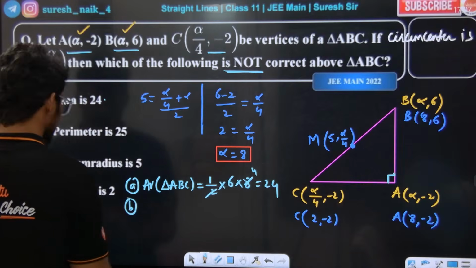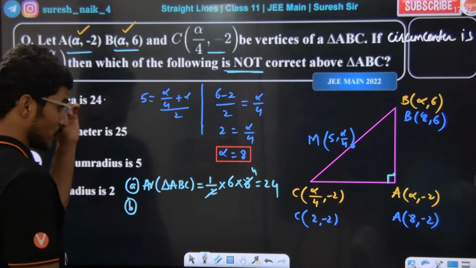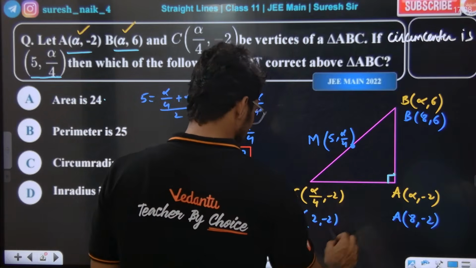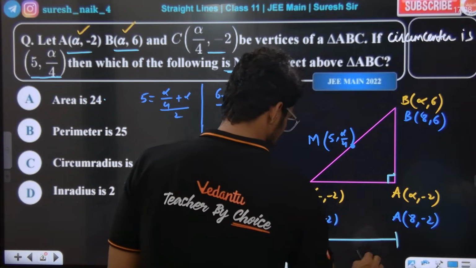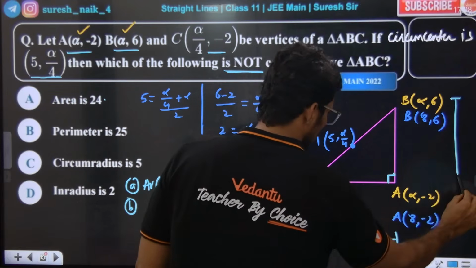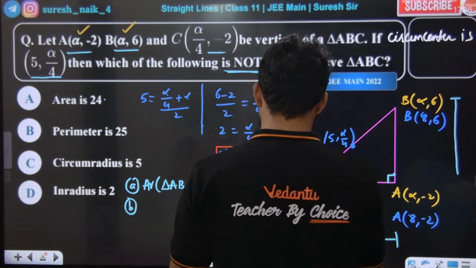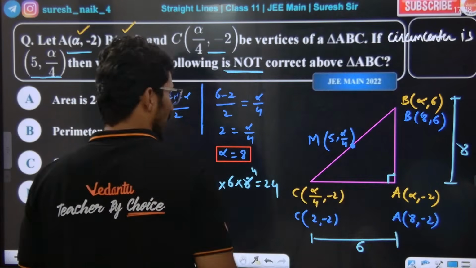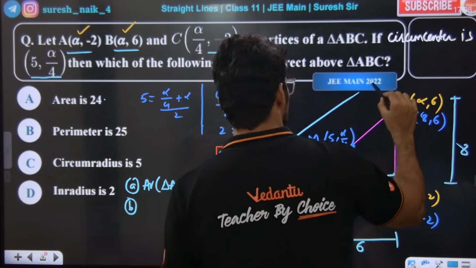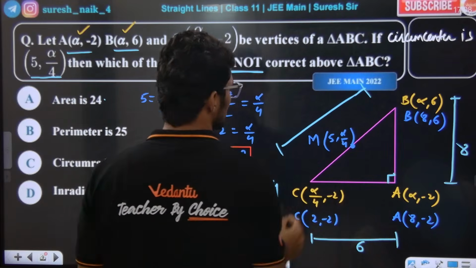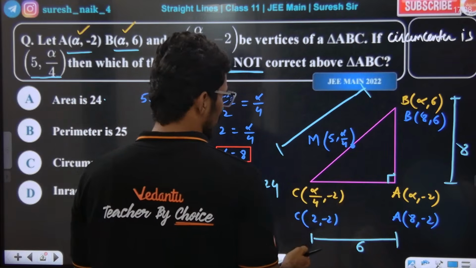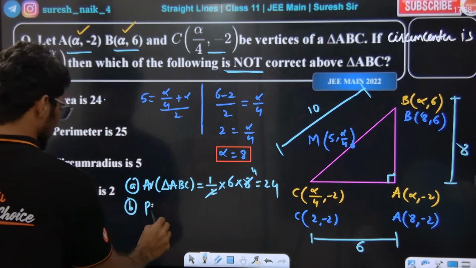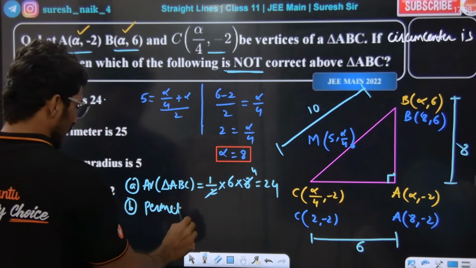Now option B: perimeter is 25. Perimeter means the sum of all the sides, right? So this side is 6, this side is 8, and this side is going to be 10.